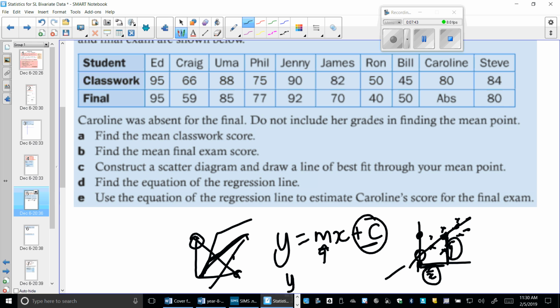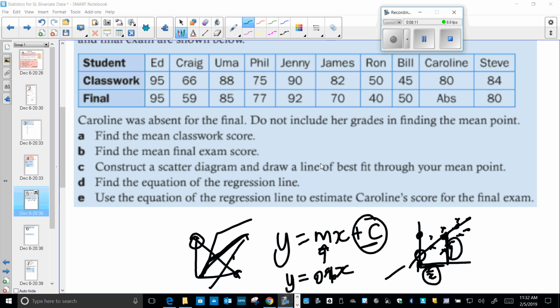So our one is going to be just y equals something x. So does anyone want to hook us up with the something? 0.96? So it then says use the equation of regression line to estimate Caroline's score for the final exam.